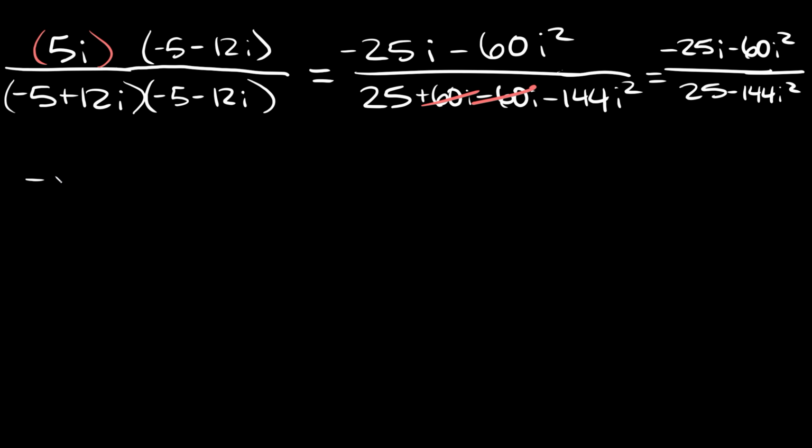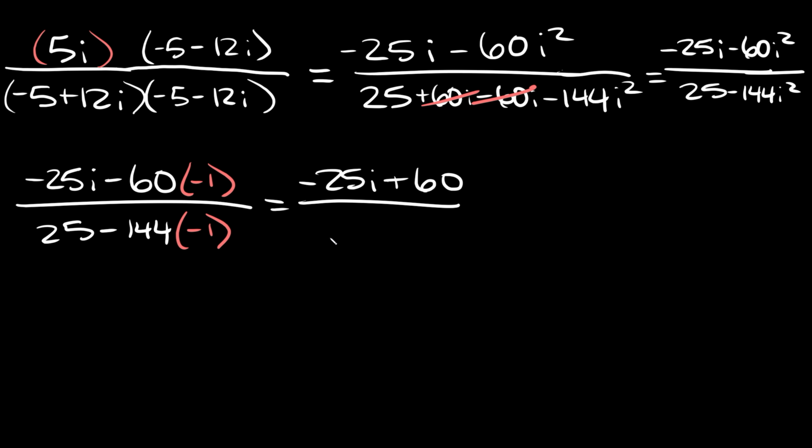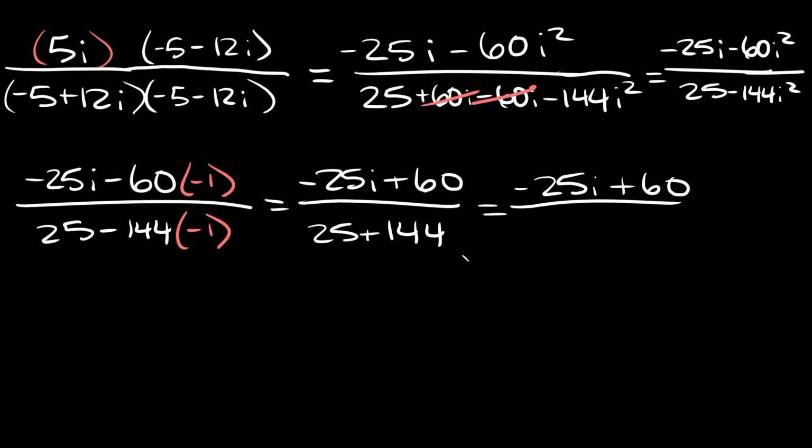So this is going to be equal to negative 25i minus 60 times negative 1, all over 25 minus 144 times negative 1. So here we get negative 25i plus 60 over 25 plus 144. So on top, we're simply left with negative 25i plus 60, and on the bottom we get 169, nice.